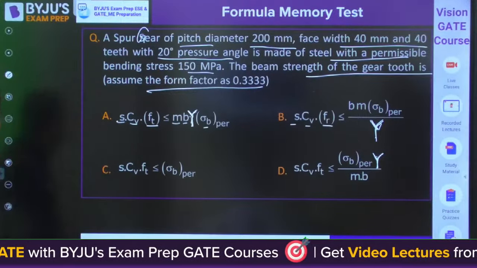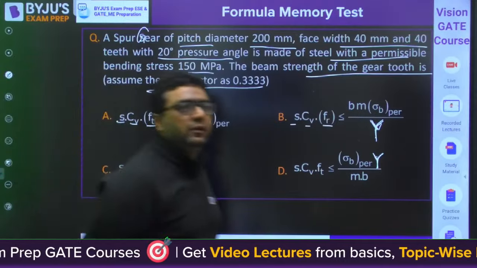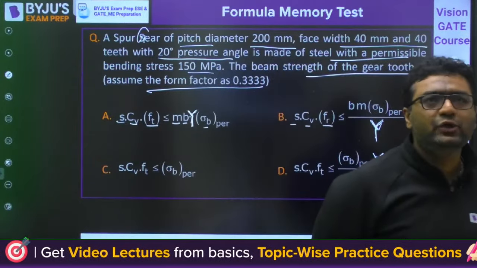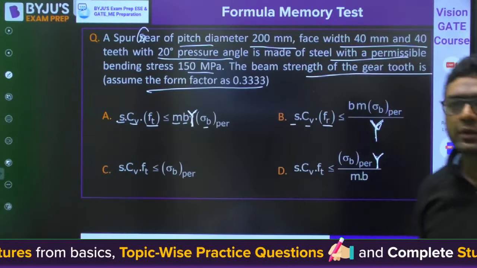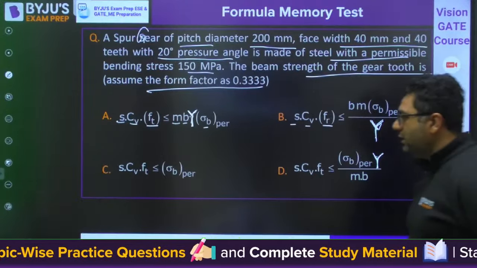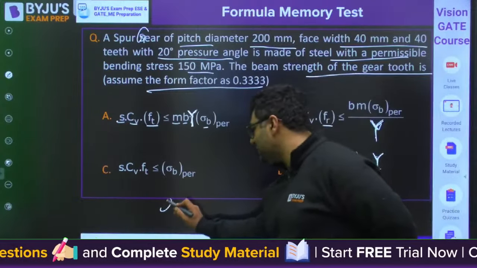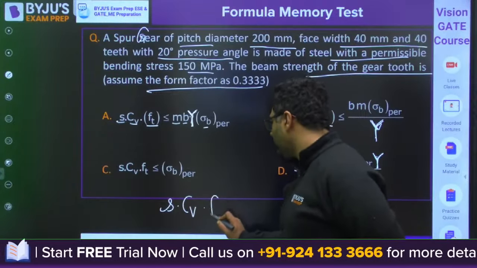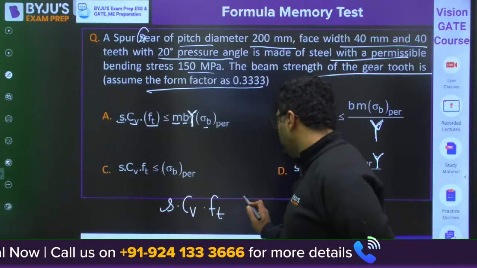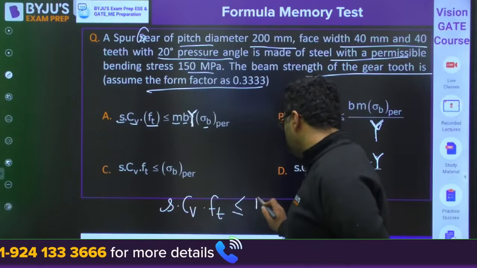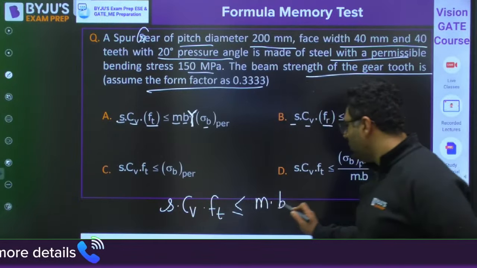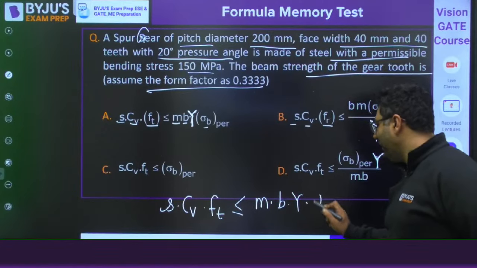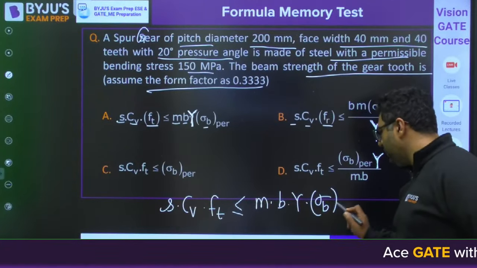What is the correct answer here? The equation of gear, the Lewis equation. So I would like to tell you, my dear, the correct equation here is service factor, velocity factor, Ft less than or equal to M B Y sigma B permissible.